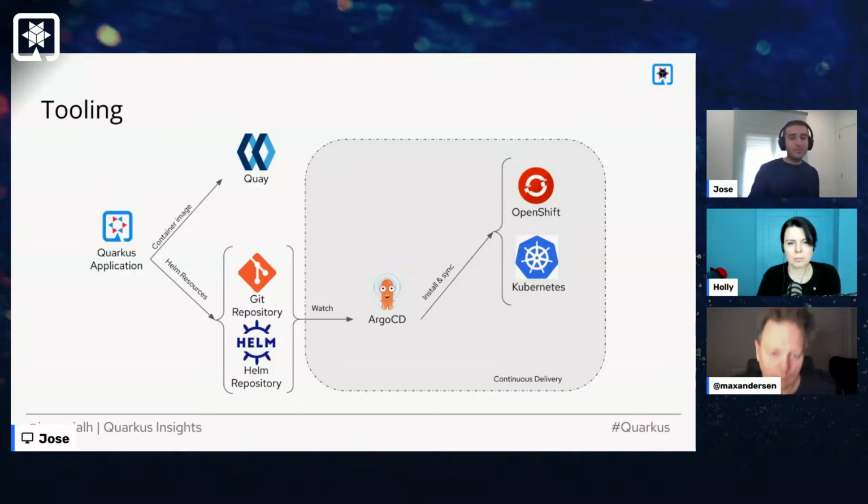Well, Helm is a package manager for Kubernetes, so you can package applications, including the dependencies, databases, or any other services your application might need. Helm also allows you to configure your deployments when installing the package.